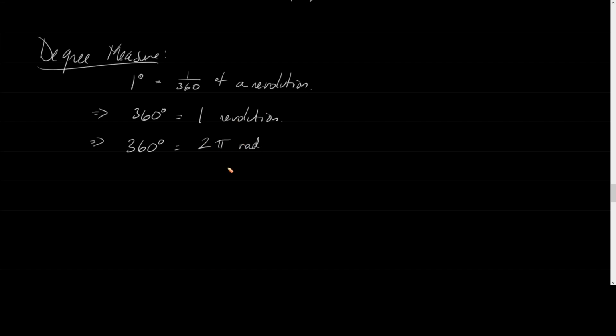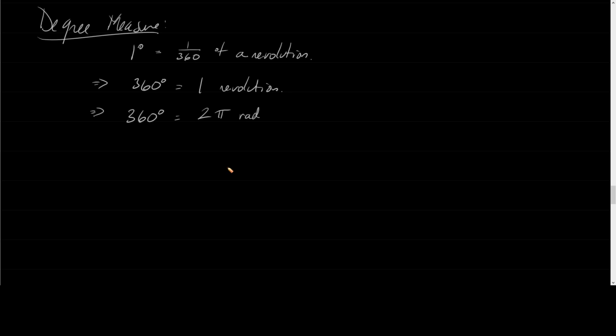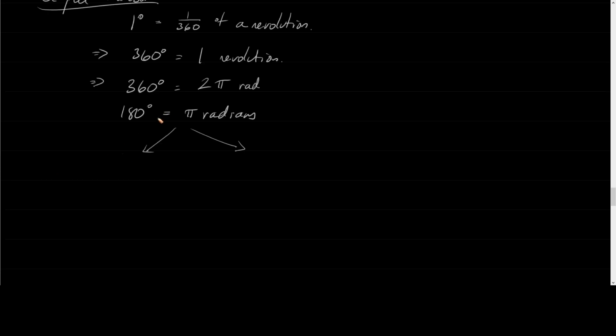This also tells us a whole bunch of stuff. It tells us that 180 degrees is equal to pi radians, right? And this implies two very important conversions. It also tells us that 180 degrees over pi is equal to 1 radian, but also that 1 degree is equal to pi over 180 radians.